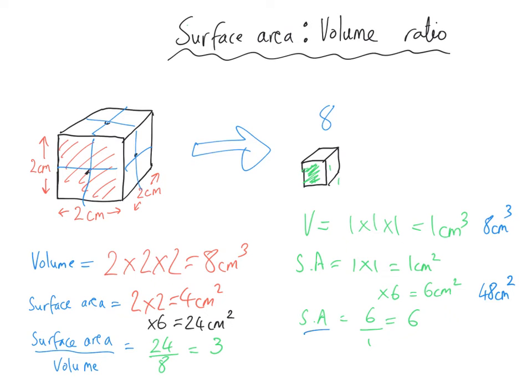And then the surface area to volume ratio would be 48 divided by 8, which is 6. And so again, we've just got more cubes of the same size. So having one big piece compared to a smaller piece, it's not just about the surface area, it's also about the surface area to volume ratio, which is twice as big in this example for the smaller pieces.